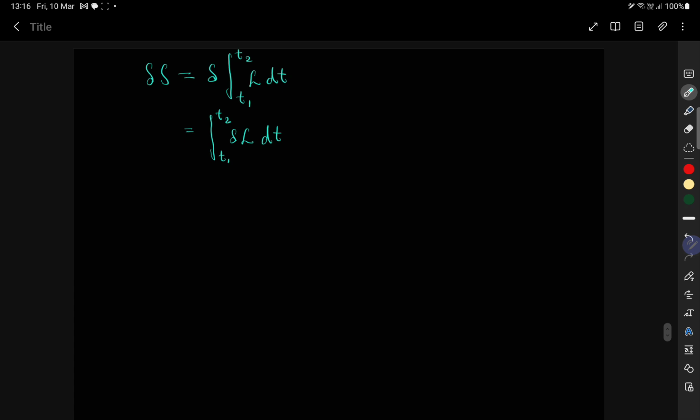That might help actually. So dL by dt should equal partial L by partial t plus the sum from i equals 1 to n, n being the number of generalized coordinates we have.